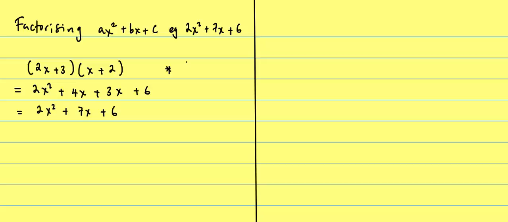In other words, how do we, given 2x squared plus 7x plus 6, write it into this form here? The second line of my working out, which I'm going to call equation 1, is going to be very important in achieving this process. To demonstrate this process, I'm going to ask us to go through this question here.